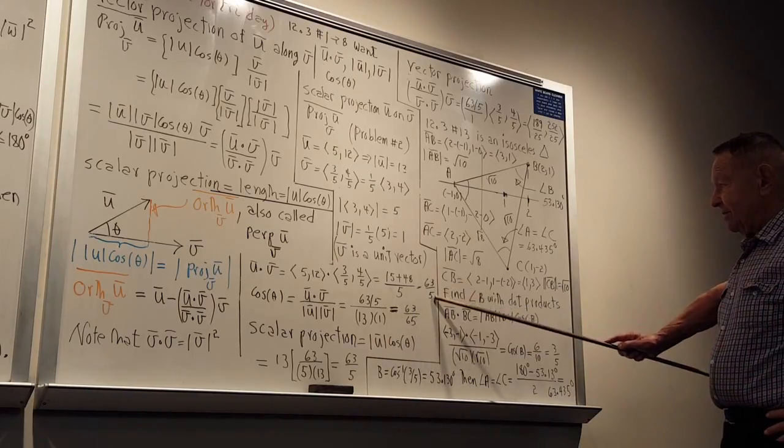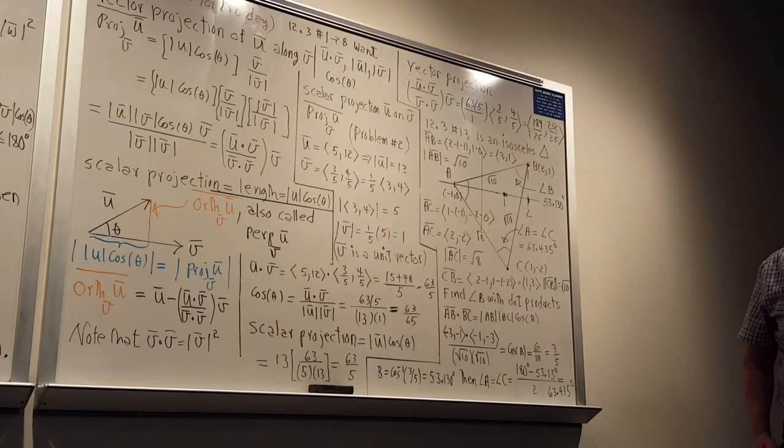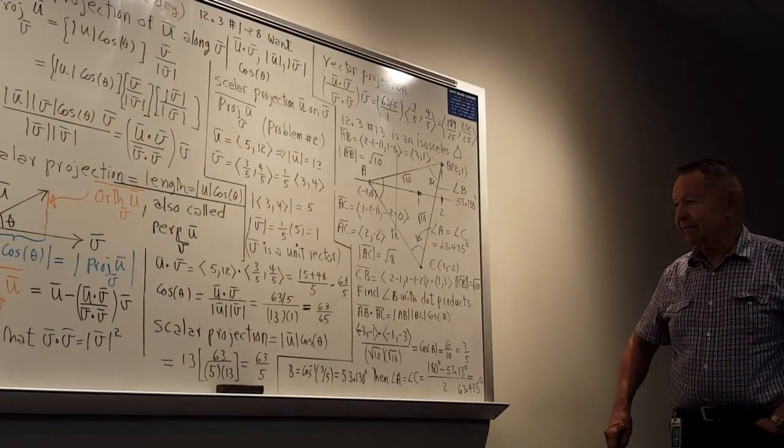And so it's 63 over 5. Dot product doesn't have to be a whole number or any particular number that is something that appears commonly.